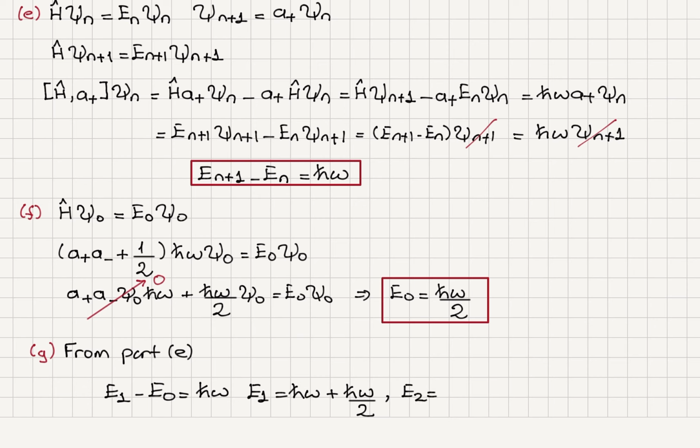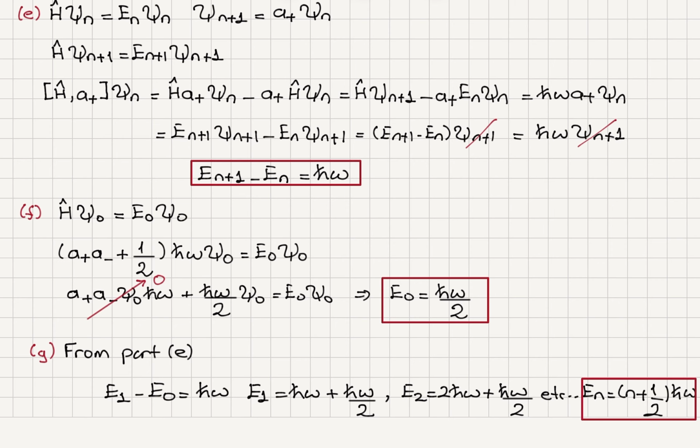E2 is 2 h bar omega plus h bar omega over 2, etc. So for the nth level, E_n, I will have n plus 1/2 times h bar omega. These are the quantum mechanical harmonic oscillator energy levels.